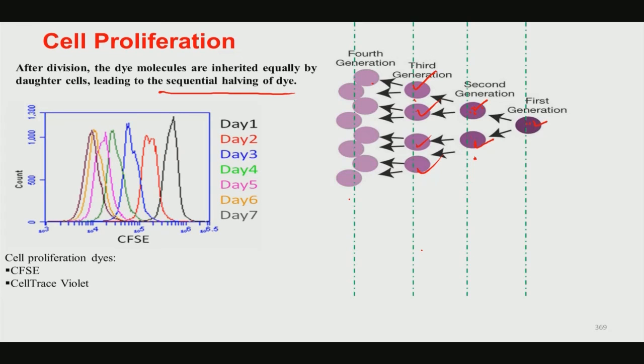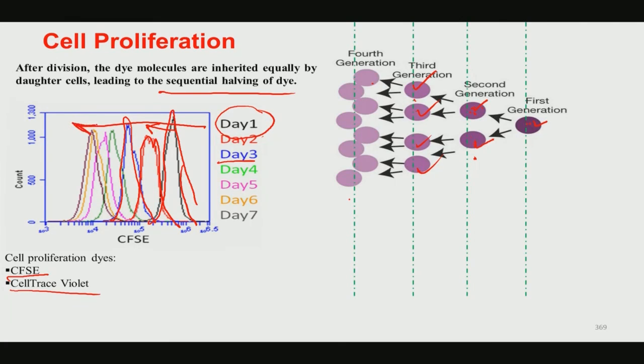Now, for cell proliferation, the dyes which are mostly used are CFSE and CellTrace Violet. As I mentioned to you, if you see, this black one is day 1, that is the CFSE intensity. Now, in day 2 it is shifting towards the left side, as you see progressively. In day 3, that is the blue one, this is shifted again further left.